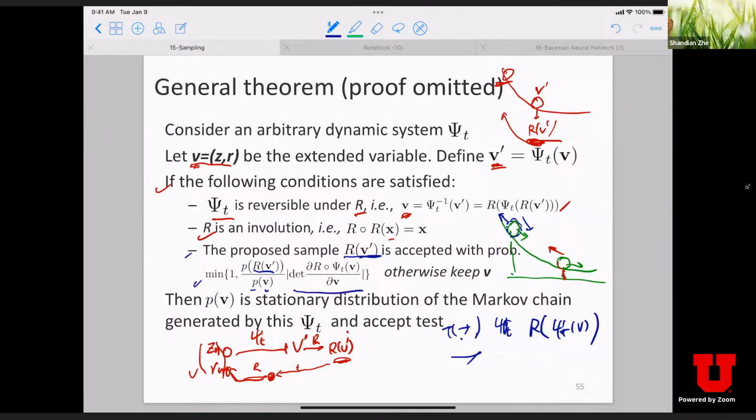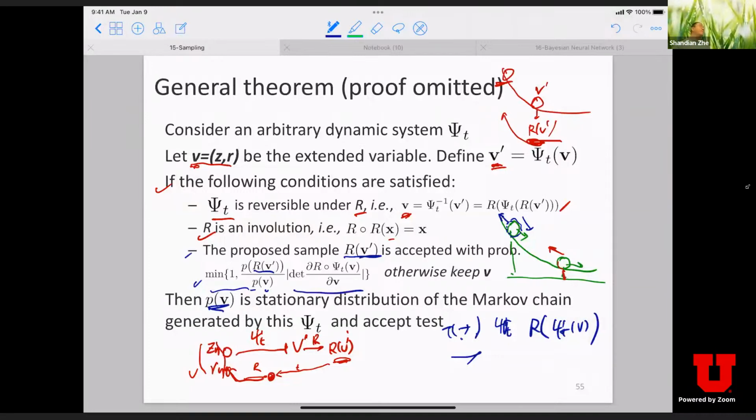This Jacobian just means the Jacobian of the proposal with respect to the original state. And you can calculate a probability. If you use this probability to accept your proposal, then your whole procedure is valid, meaning that you keep running this Markov chain to guarantee it converges to this target distribution P of V.